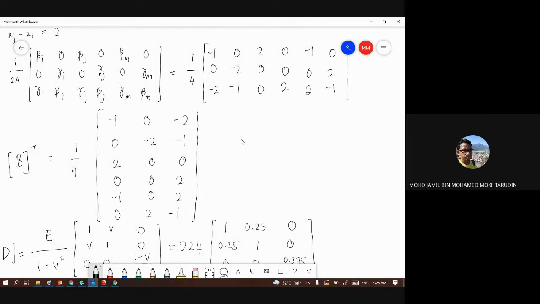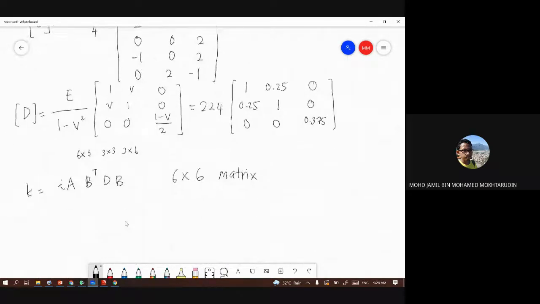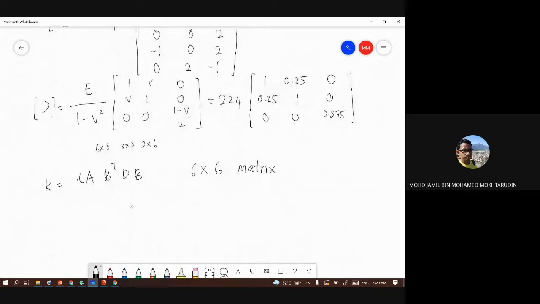When you flip, you get B transpose. After you get everything, you plug into this formula and end up with a 6 by 6 matrix. So for one CST element, it's a 6 by 6 element stiffness matrix.